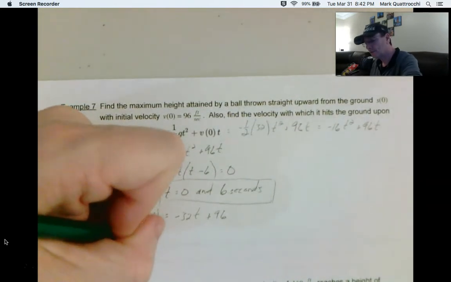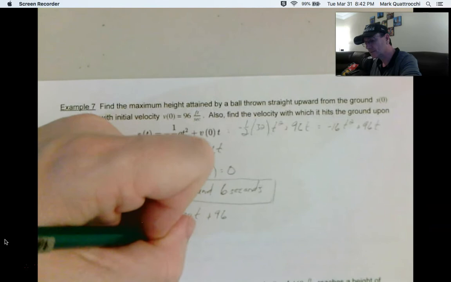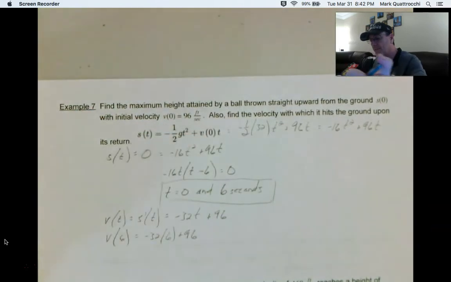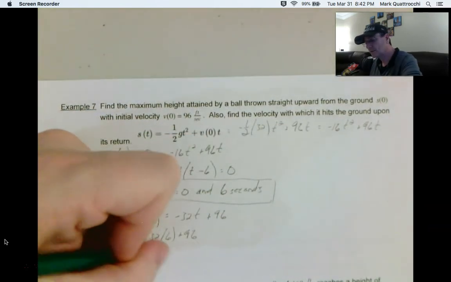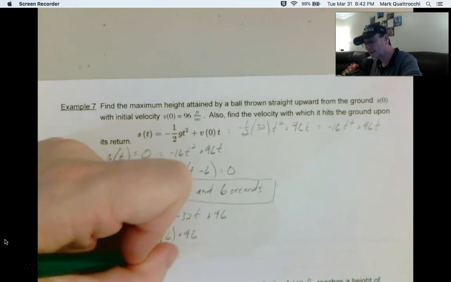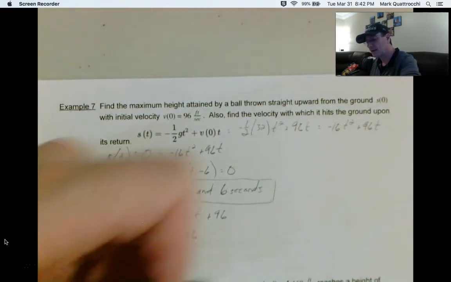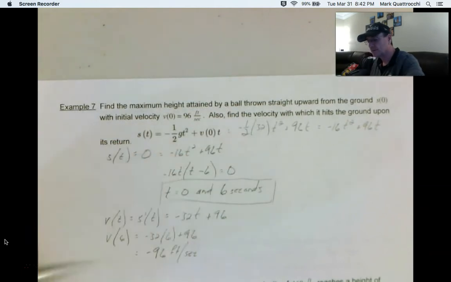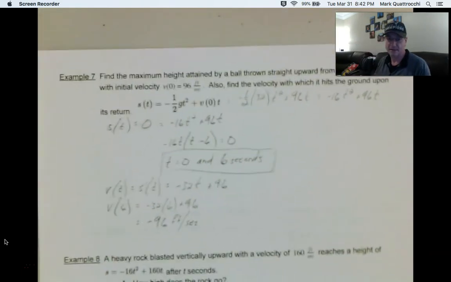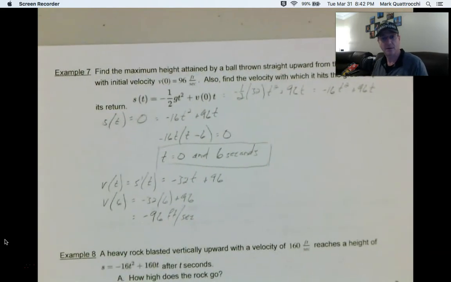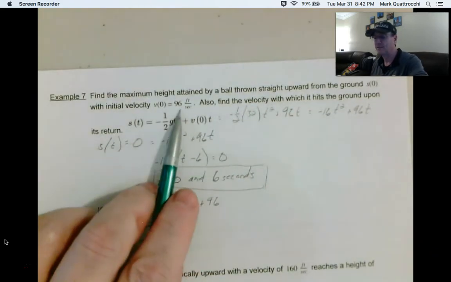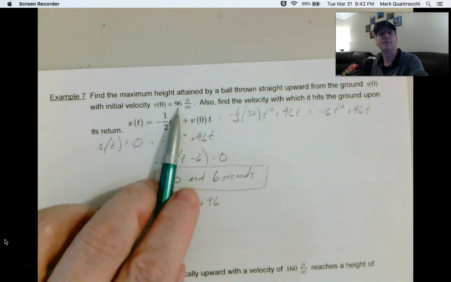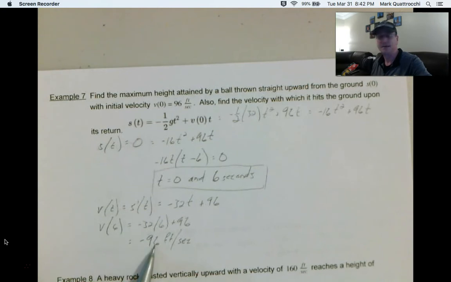So negative 32 times 6 plus 96 is equal to negative 96, if we do out the math, negative 96 feet per second. So its velocity is negative 96 feet. That makes sense because it's going down. It's 96 feet per second when it's going up, the initial blast or throw, and it's negative 96 feet when it returns to the Earth.